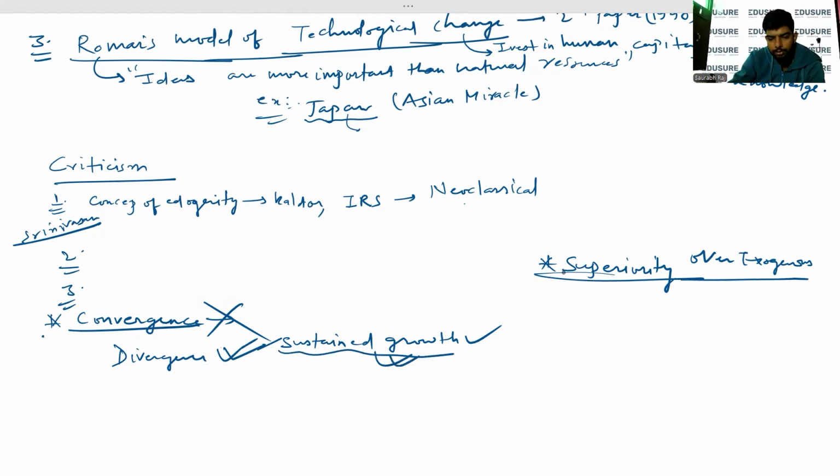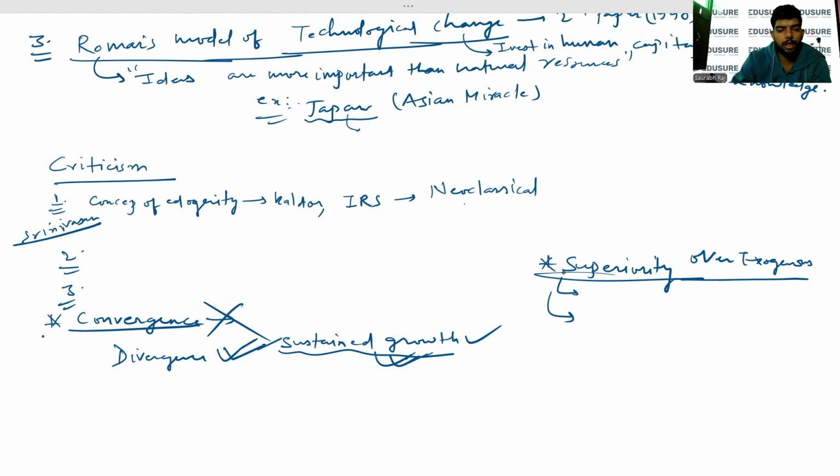Sustained growth is happening, which is a good thing for the economy. If the economy is prospering with a high GDP growth rate, then sustained growth will be helpful. So this is a good feature compared to the exogenous model. Then policy choices like infrastructure and investment in research and development directly impact long-run growth. So this is also a superior feature compared to the exogenous model.